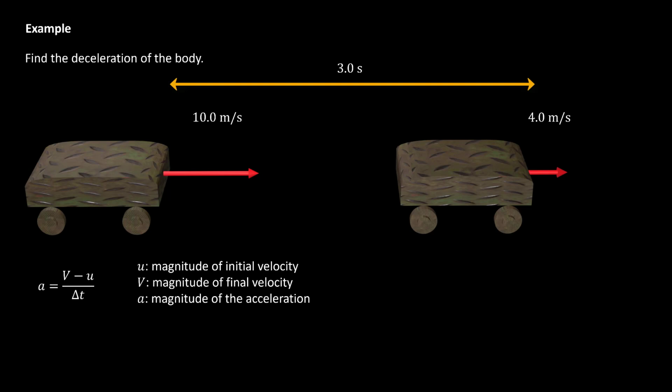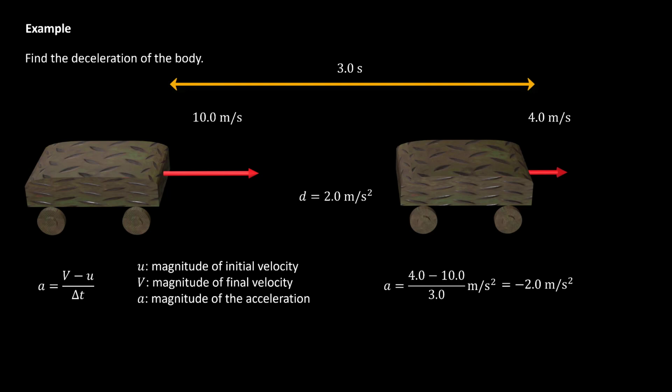Then they substitute and obtain a equals 4.0 minus 10.0 divided by 3.0, which gives minus 2.0 meters per second squared. And then this negative acceleration is interpreted as a deceleration.